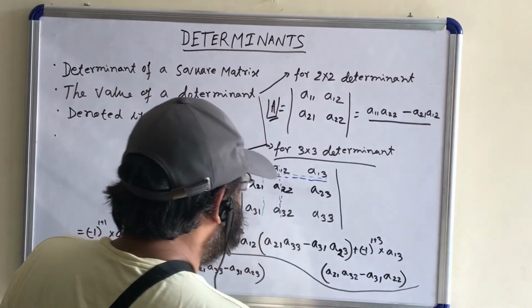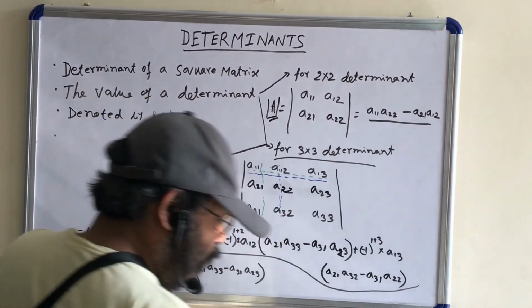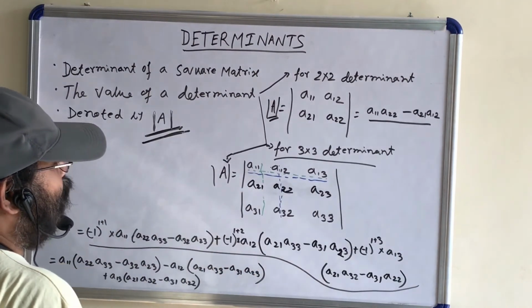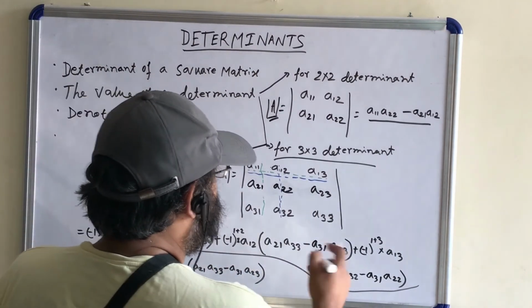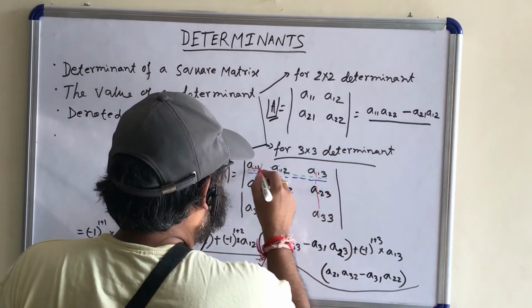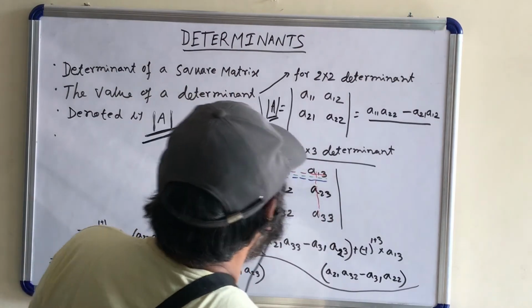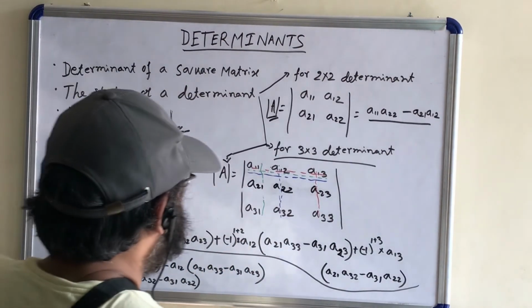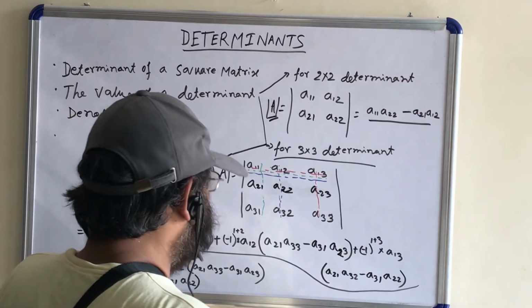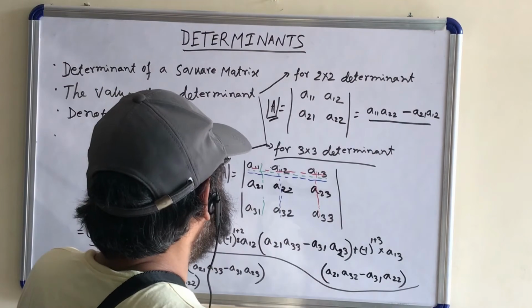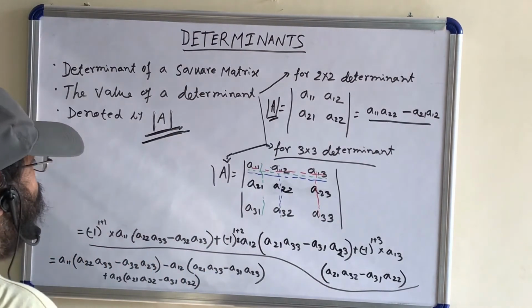Now, for the third element, that is A13, what is the row number? Row number is 1 and column number is 3. Just see the red dotted line. So we will eliminate the first row and third column.